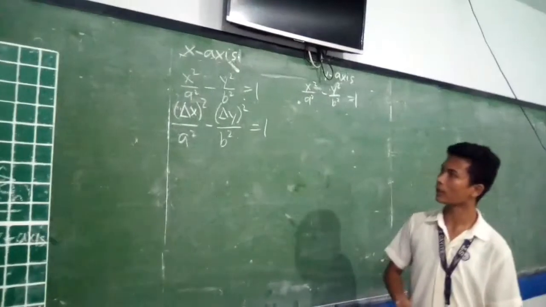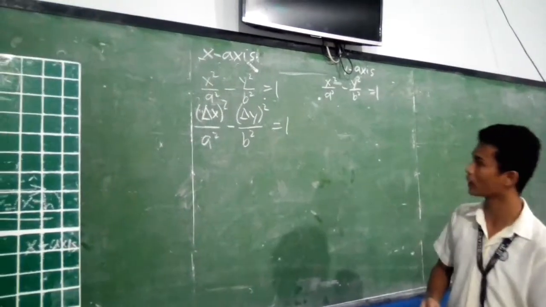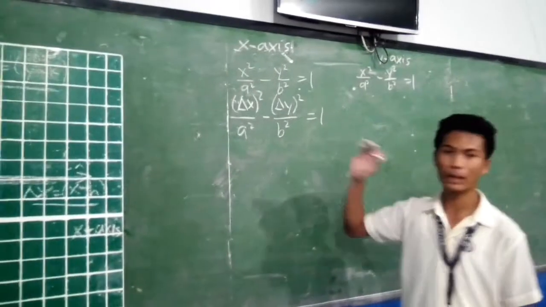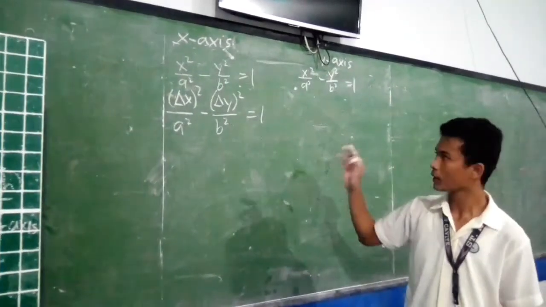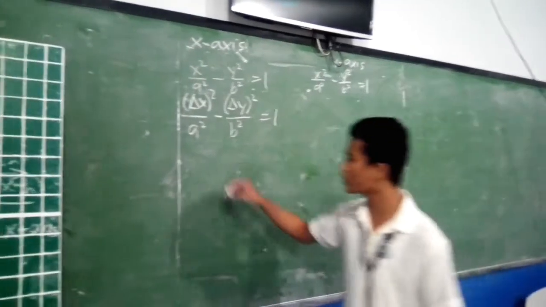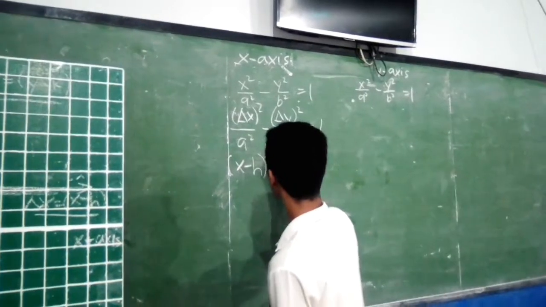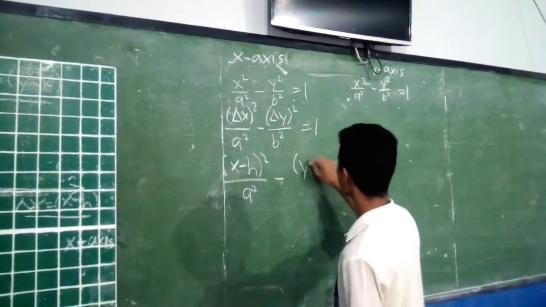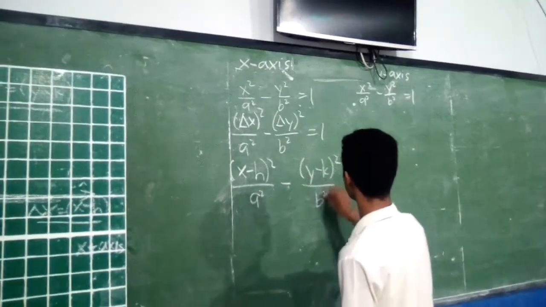The change of x, quantity squared over a squared, minus change of y, quantity squared over b squared, equals 1. Substituting the value of change of x and change of y, we can get the equation x minus h, quantity squared over a squared, minus y minus k, quantity squared over b squared.